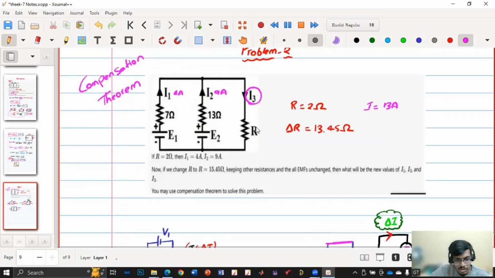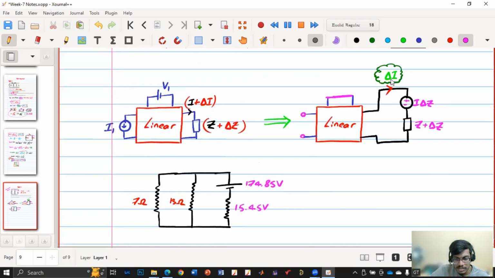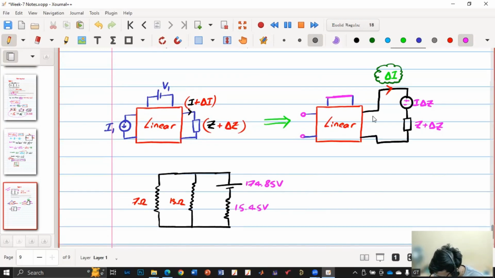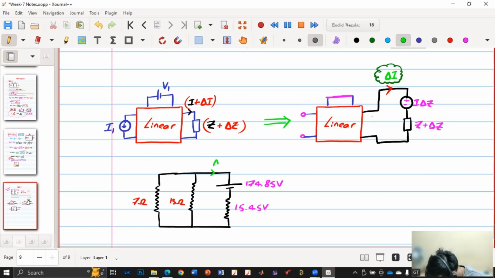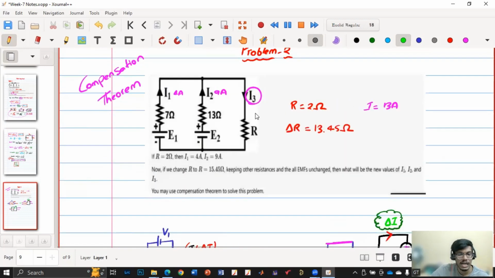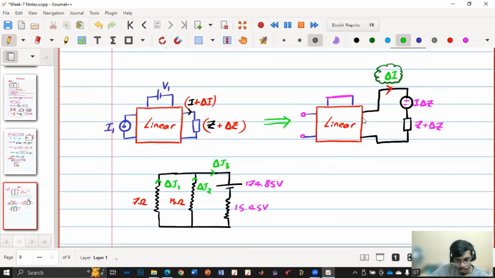Now we have seen from this circuit that the currents are just incremental changes. So this is delta I3, this is delta I2, and delta I1. Careful with the direction now. This circuit will have only the incremental changes delta I1, delta I2 and delta I3. But my theory says the current should go from top to bottom, while my circuit shows the other way around.